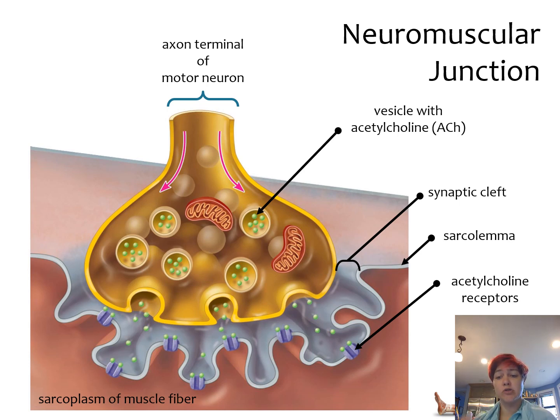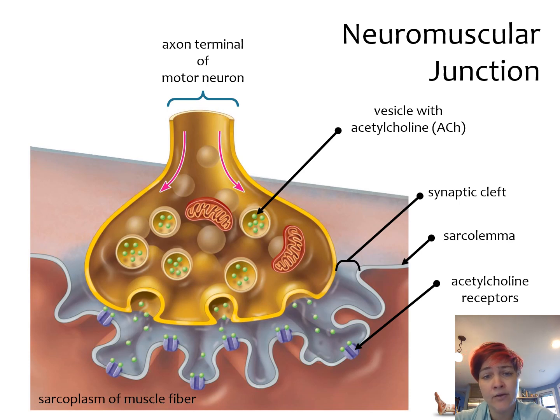You'll get these vesicles with acetylcholine in them. You'll actually get a buildup of them. You can kind of see that in the background here. And as they build up, they're pushing down, and the vesicles meet with the terminal end and pop out. So you can see the acetylcholine comes out into the synaptic cleft, which, remember, is that fluid-filled space, which has these acetylcholine receptors.